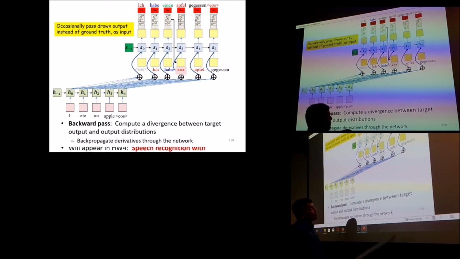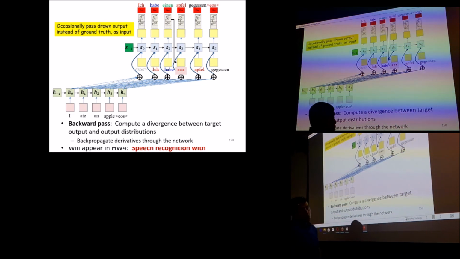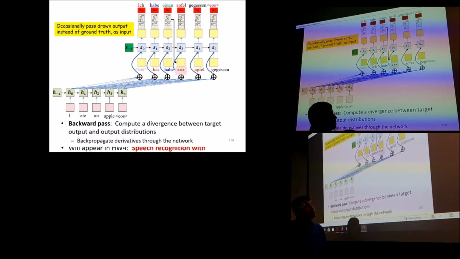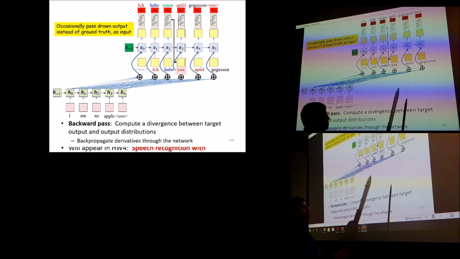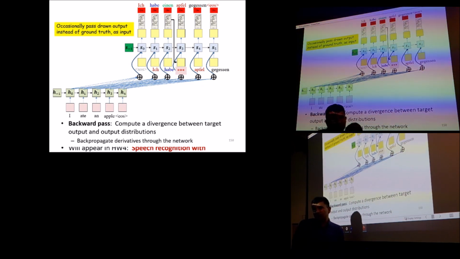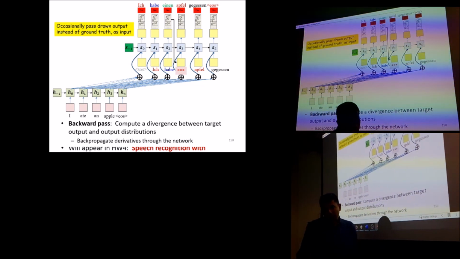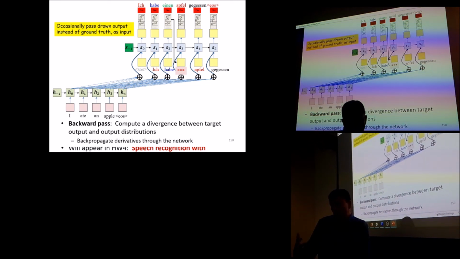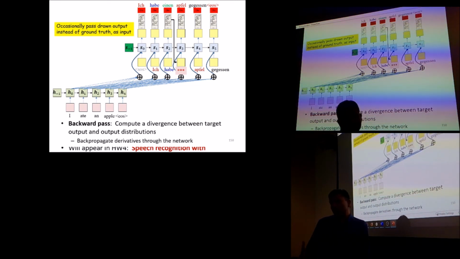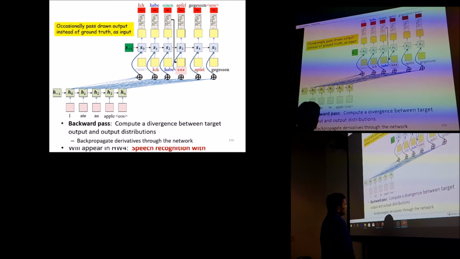These would have been the real drawn words. The reason we are forcing these to be the actual target words is what we call teacher forcing. We are forcing the teacher, the supervision, to be much more explicit when you're learning the decoder.